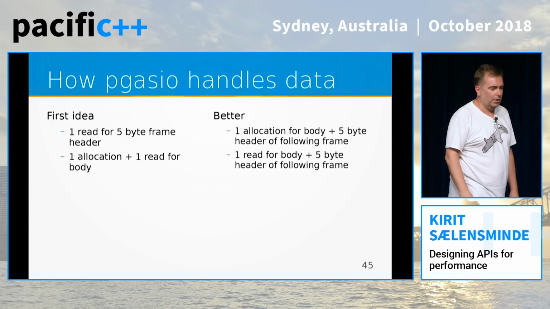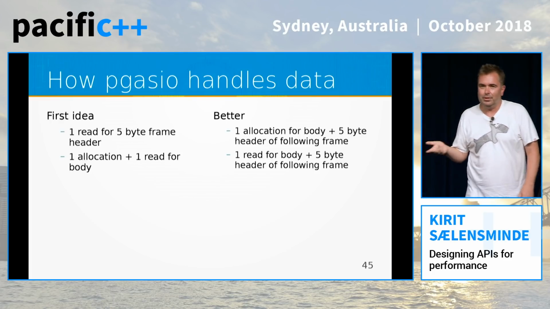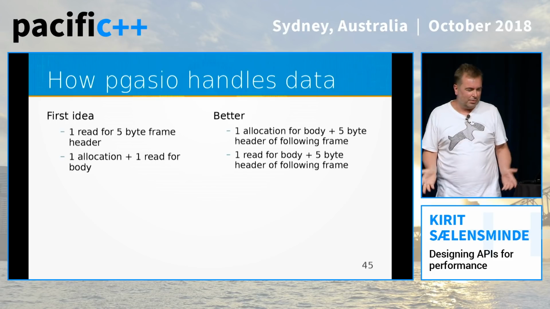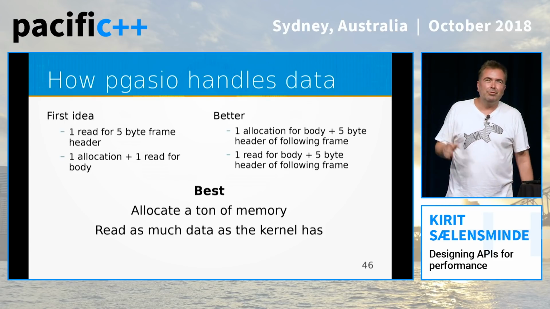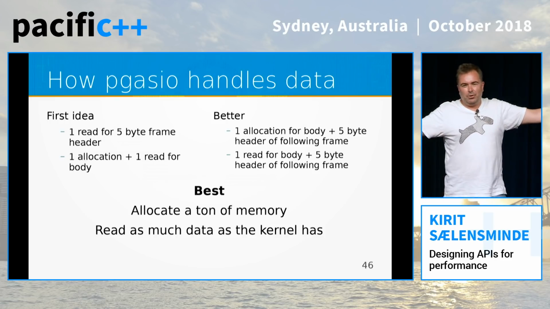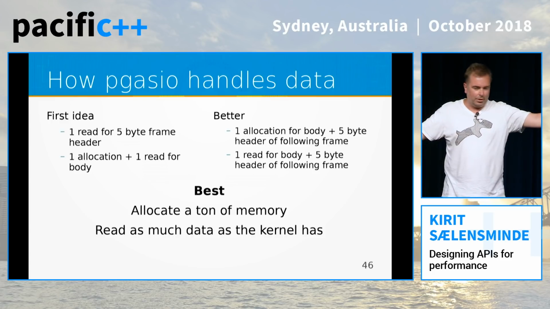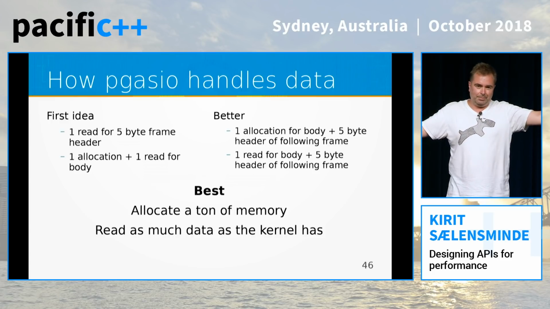That's okay. And I kind of was thinking that that was the best that you could do until I realized there is another way. We could just allocate a big block of memory and then say, Postgres, how much have you got for us? And the kernel will just fill in however much it has.